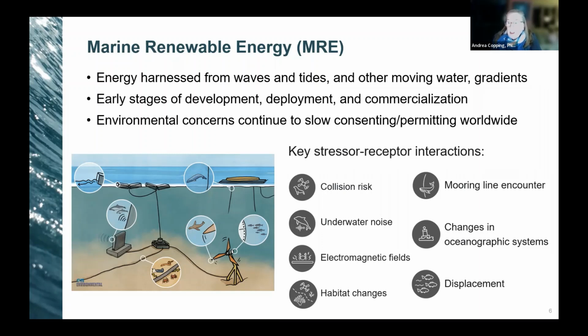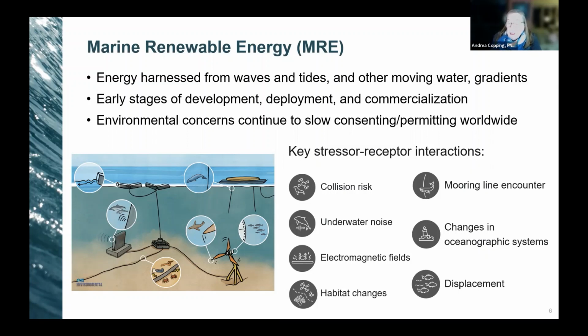And we're really not getting past that initial commercialization at the moment. We know that environmental concerns are continuing to slow consenting worldwide. After a decade of looking at this, we've come down to these 7 key stressors, those parts of systems that are likely to cause concern or damage or injury and death to marine organisms and habitats.